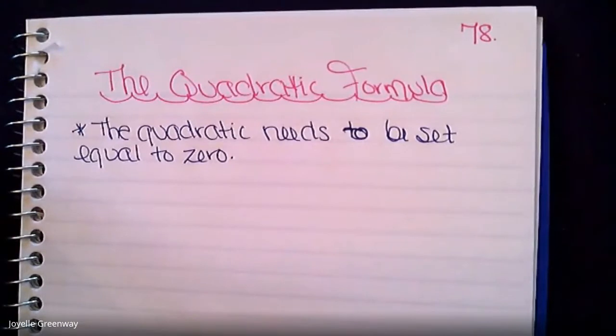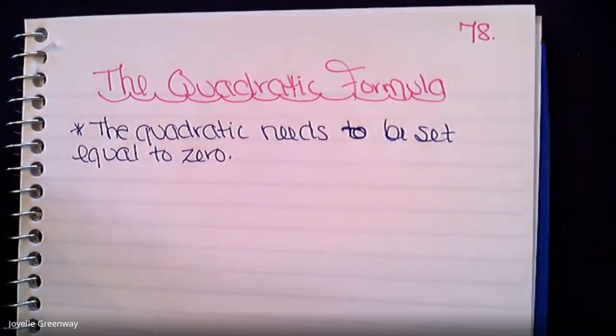There are two methods where you need all of the terms on one side of your equation and it needs to be equal to 0. That is factoring and the quadratic formula. The only one where you don't is completing the square. So factoring and the quadratic formula need to be equal to 0.